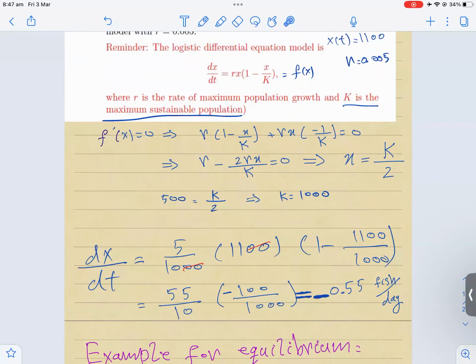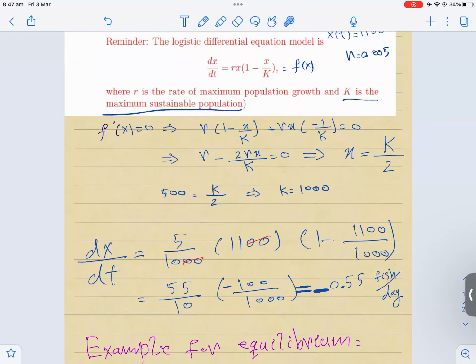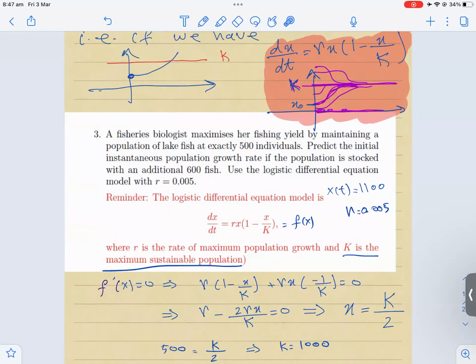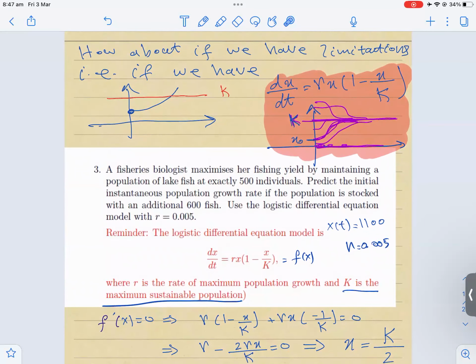So that's why K is 1000. Right now we do have 1100. So we will get this one. But the proof of this one, you can Google that. There are lots of stories going on.